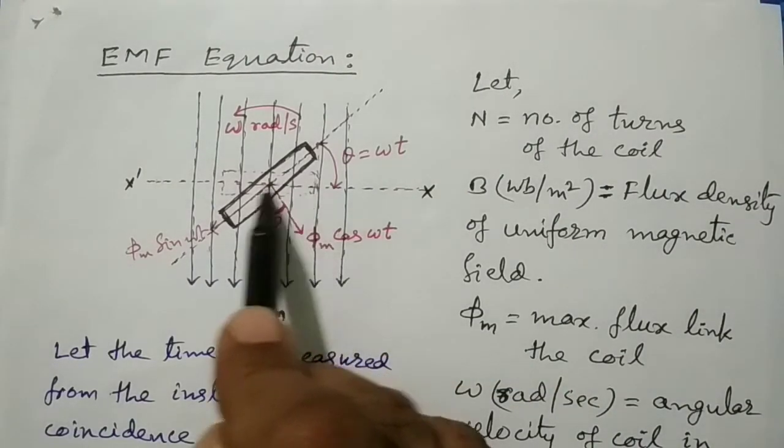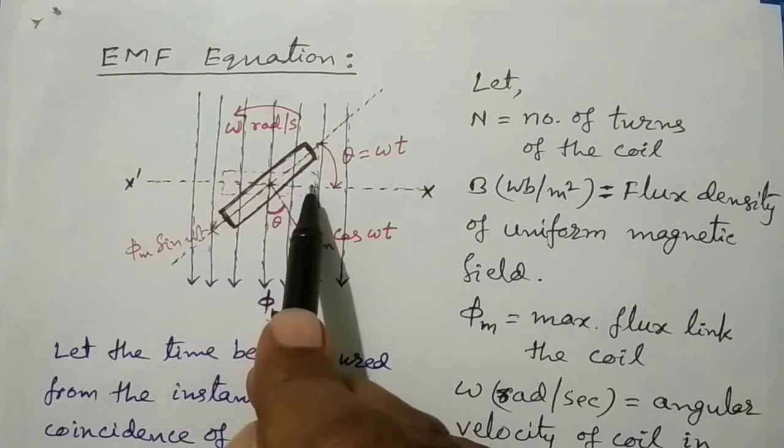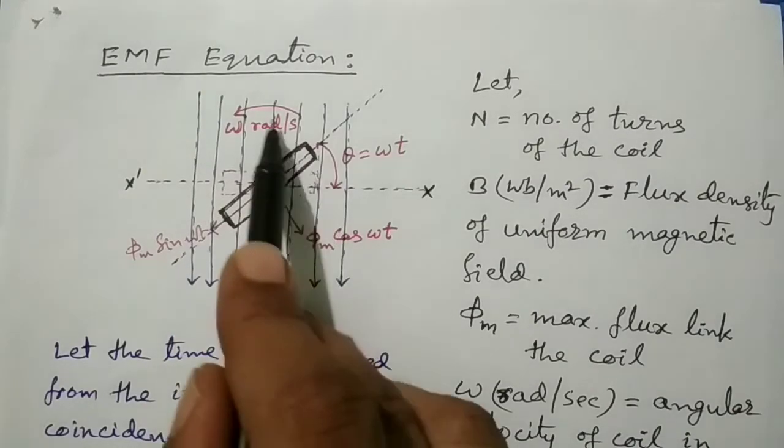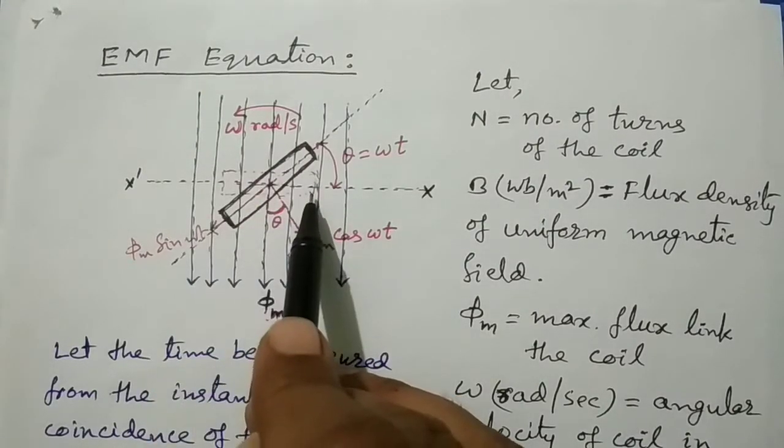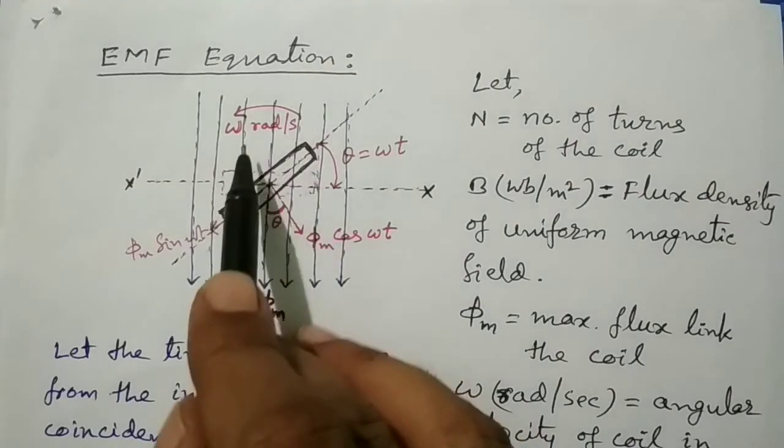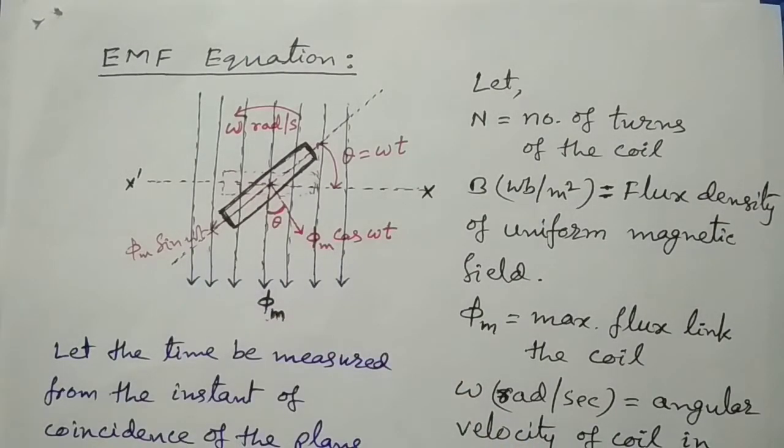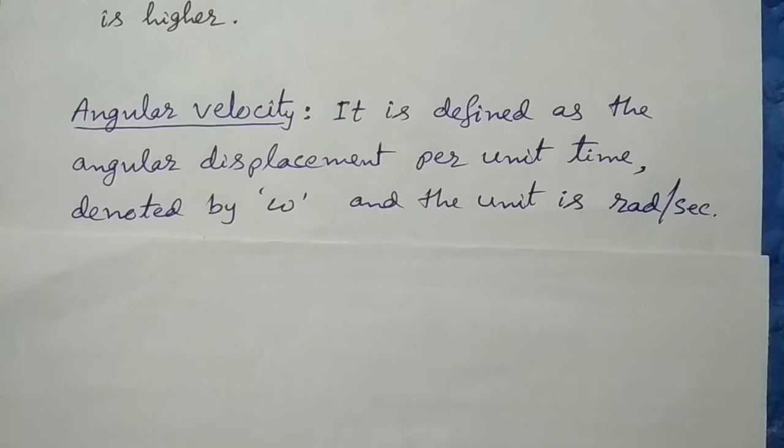Now, if the coil starts from the x-axis and makes one complete cycle, its angular displacement will be 2 pi radian or 360 degree. And we have already discussed, for one complete rotation, the time required is called the time period.